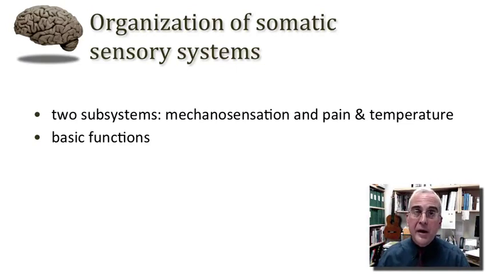Well, as you might expect, that body schema is built on a steady stream of information flowing through our somatic sensory systems. And that stream is then met with information coming from other modalities of sensation, such as vision, audition.